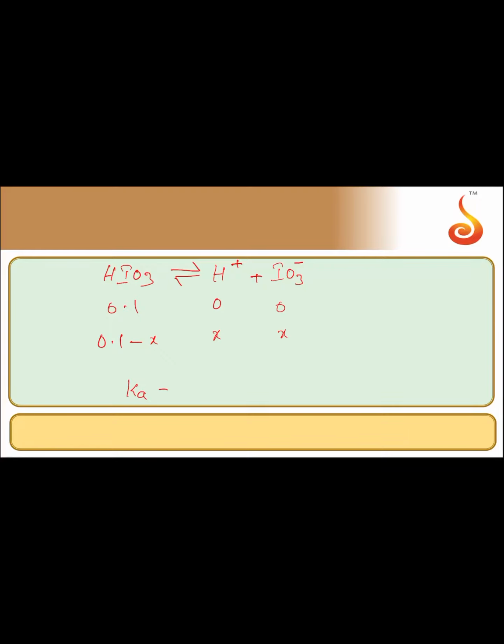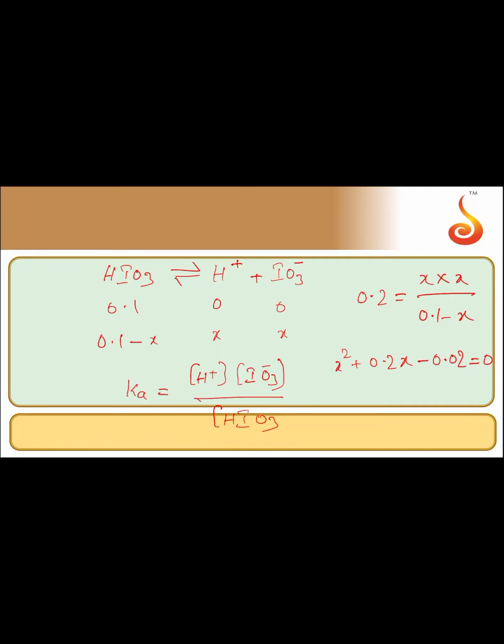Ka is the dissociation constant, equal to product concentration by reactant concentration. Here Ka is 0.2, H+ ion concentration is X, IO3- is also X, by 0.1 minus X. If we multiply, we get the final equation X square plus 0.2X minus 0.02 is equal to 0.